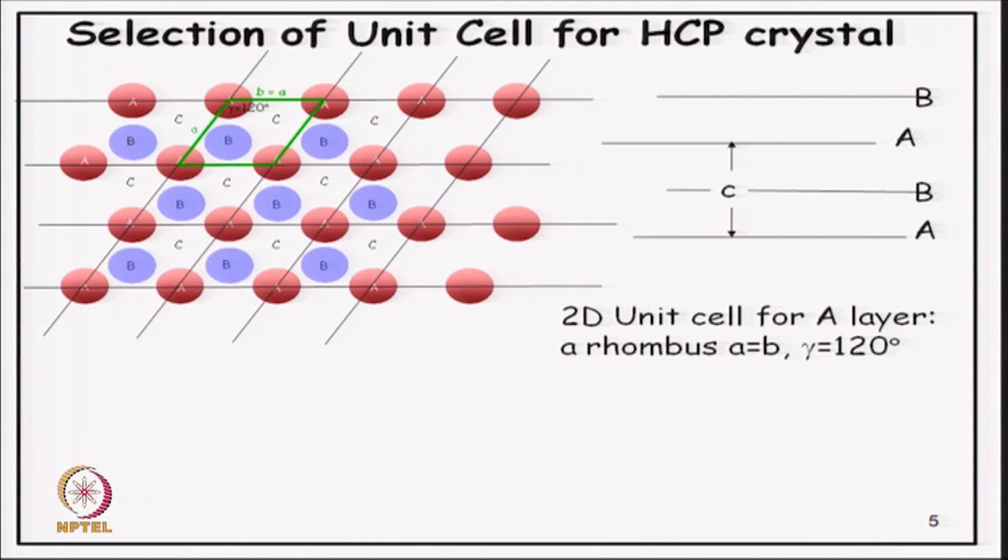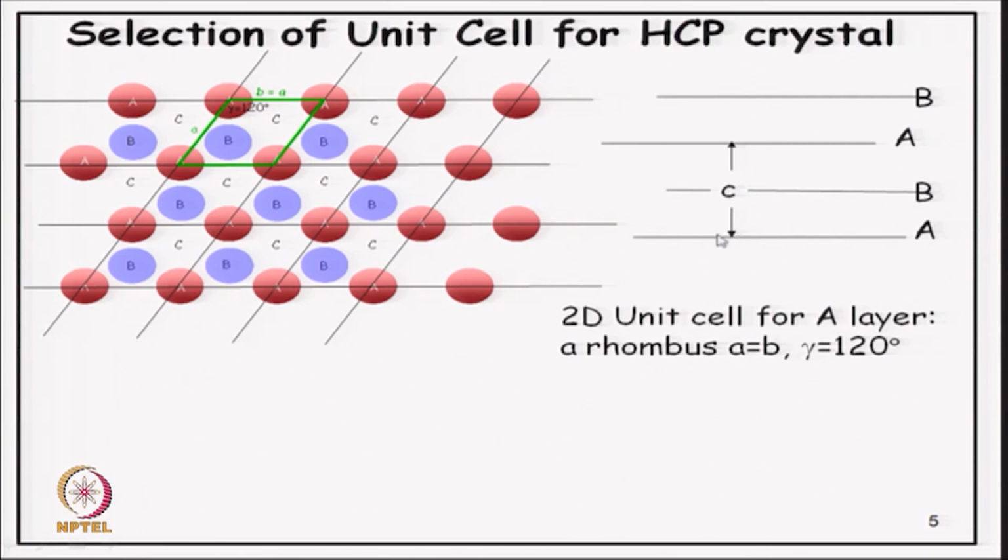Recall our previous discussion in the very beginning, when we defined the unit cell, we said the corners should be the lattice points. So, we have the lattice points at A, B does not have any lattice point. So, our unit cell cannot end on B in the third direction. It has to go all the way to the next layer A to find the lattice point, and of course, A is exactly above the A below it.